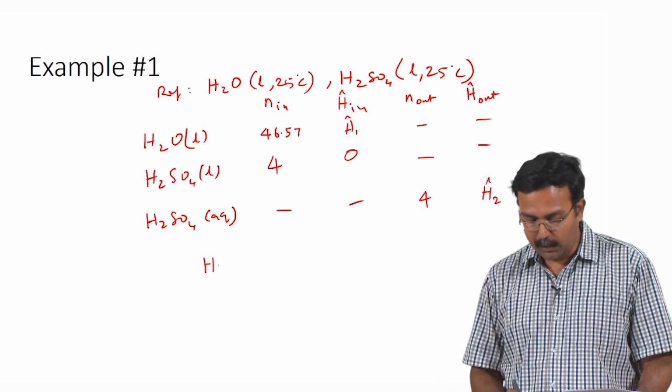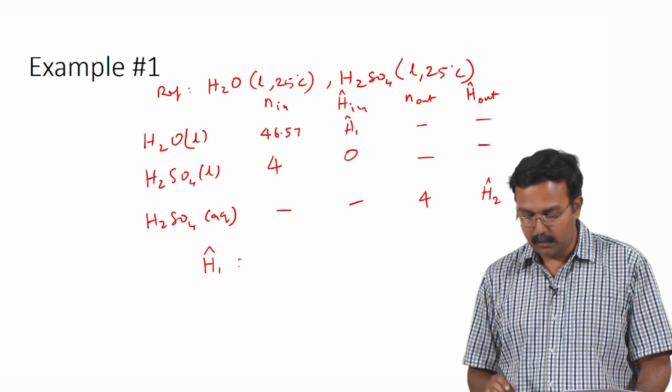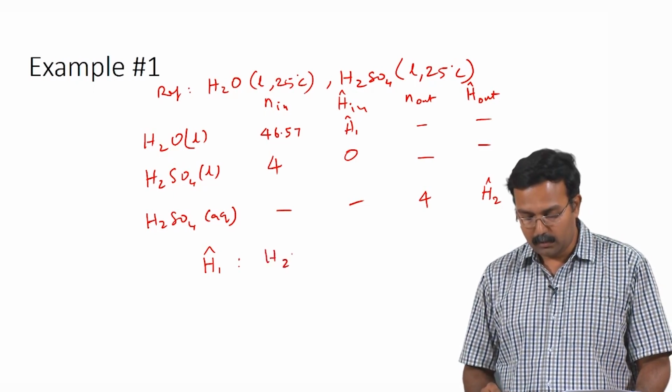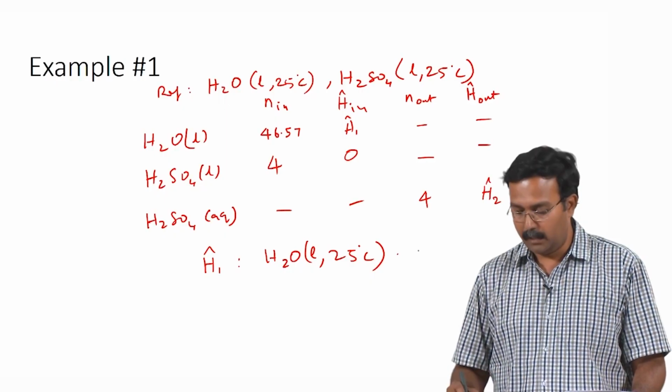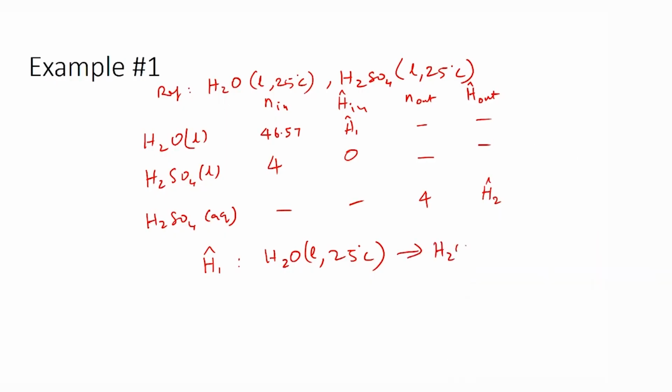So, now for H1 cap, what is the process? Water liquid at 25 degrees Celsius, which is the reference state, goes to water liquid at temperature T. So, we have been told in the first part that we will be using only liquid water. So, the liquid water would have to be at a temperature T for the cooling to happen.